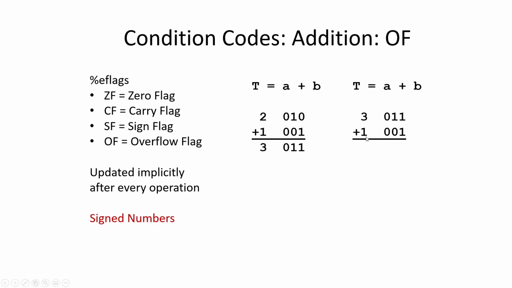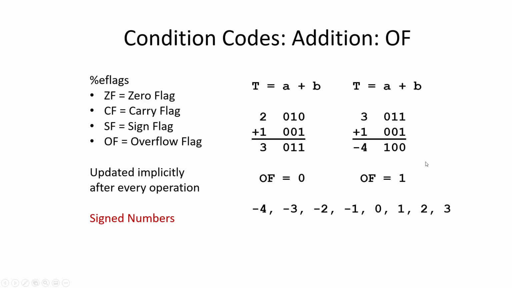If I'm looking at 3 plus 1 in binary, so 0, 1, 1, I'm going to take the 1 plus 1 is 2, so that's 0, 1, I carry. 1 plus 1 is 2 again, I get the 0 and carry, and I end up with 1, 0, 0. 1, 0, 0 in signed 2's complement number representation is -4. This did not result in the correct answer. We have overflowed. So here the overflow flag is set to 0 when it worked, and when I got the wrong answer, the overflow flag is set to 1.